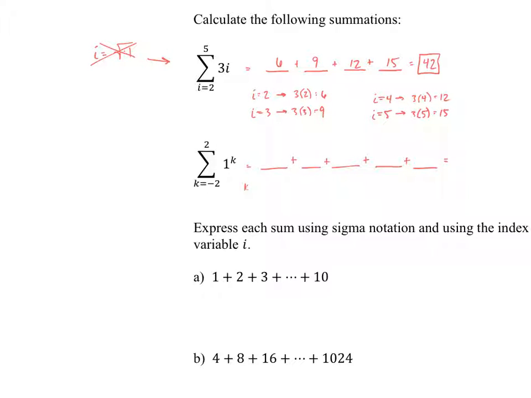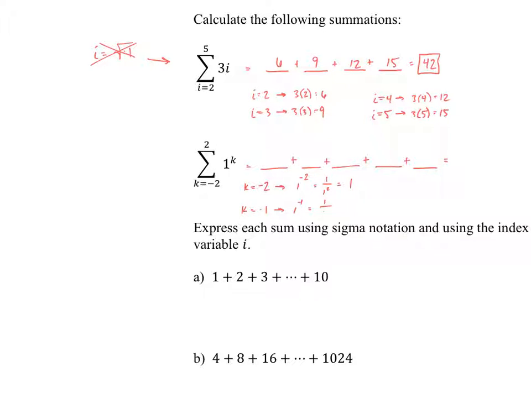So the first number I'm going to plug in is going to be negative 2. This is going to definitely test our ability to deal with negative exponents. I have 1 to the negative 2 power, which we all remember is the same as 1 over 1 to the second power, which would just end up being 1 over 1 or 1. Okay. Then I have k equals negative 1, which is 1 to the negative first power.